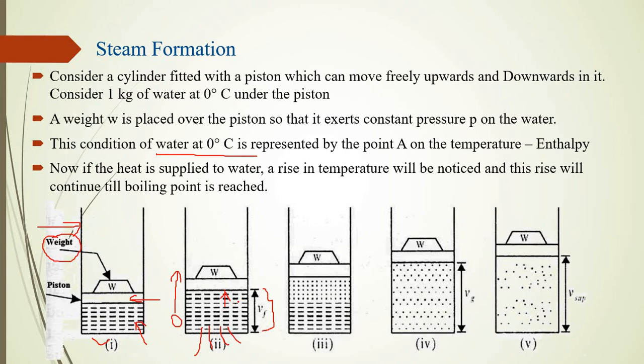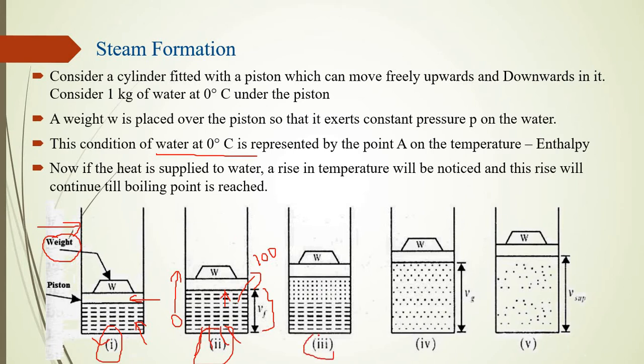At this time the water takes temperature up to 100 centigrade, not more than 100. In the first condition the water temperature is 0 centigrade, and in the second condition it is 100 centigrade.